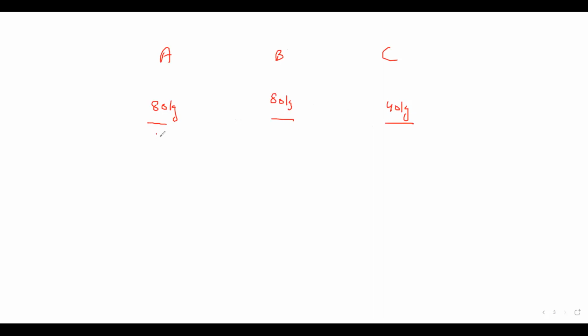I divide all of them by 40, because 40 is a common number. So this will come out as 2, this will come out as 2, and this will be 1. So the relative mass is 2, 2, and 1, whereas the actual mass is 80, 80, and 40. Is it clear? This is the concept of relative mass, the comparative mass.